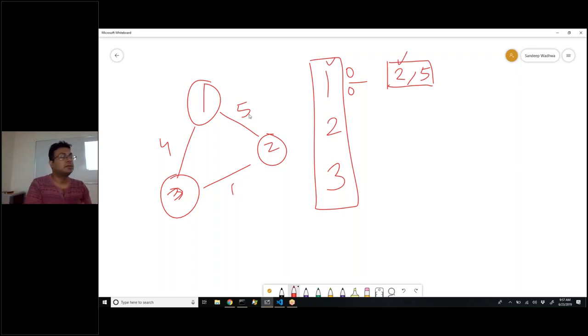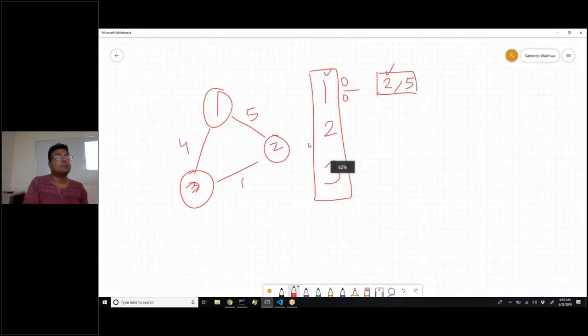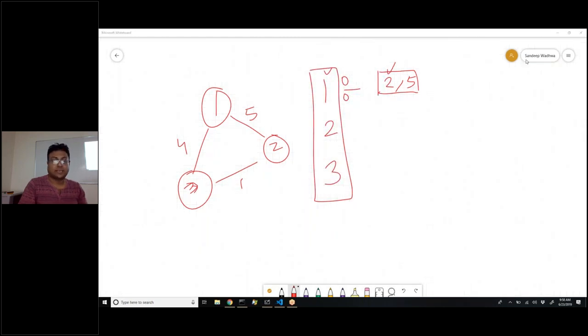Now let's complete it so that we are able to visualize it clearly. What is the next thing? 1 is also connected to 3 via 4. So 3, 4. So you are first saying this is the vertex, this is the weight. So this is representing an edge now, correct? Then we are able to visualize the entire thing.